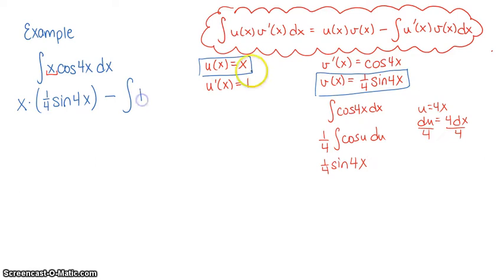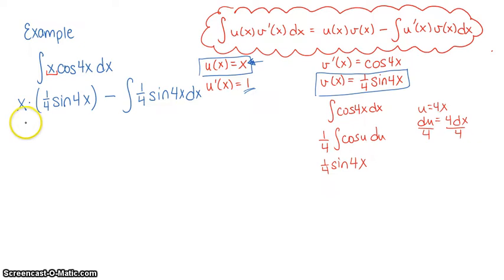That's the advantage of using this as our u function, because when we take the derivative, it simplifies it, times v of x, so we don't need the 1 here, we can plug in then just 1/4 sine of 4x dx. So we get that. So this portion's nice and easy to work with.